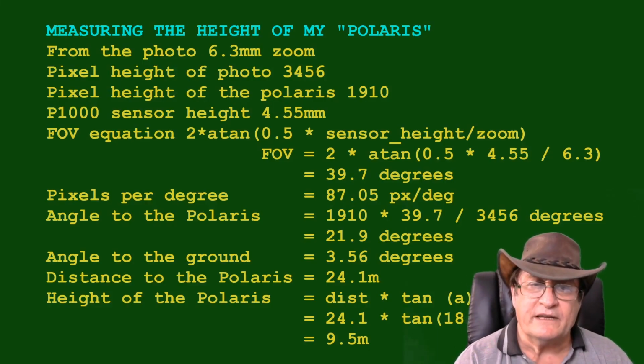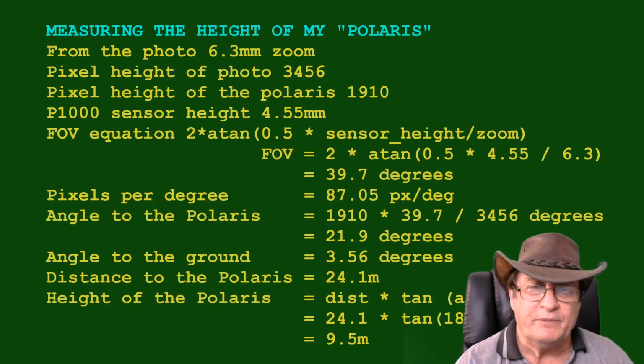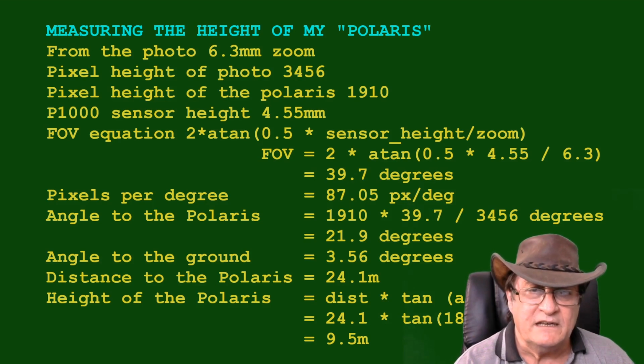I did all the calculations from the picture I took there using the field of view that I worked out from the zoom and the sensor height. So it's 9.5 metres here, and it is around 9.510 as measured, and let's go with 9.5 with this. That's close enough for what we're trying to do.